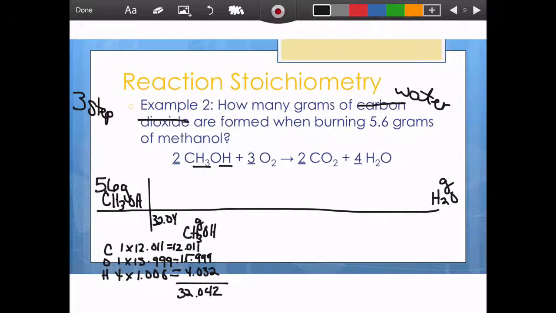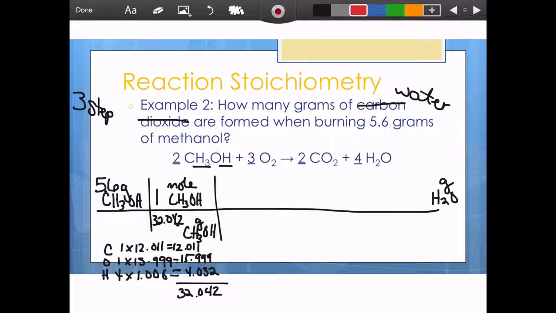If you take a look at your mole roadmap, on the opposite side of your molar mass is always 1 mole of that same thing. So your label does not change. So it'd be 1 mole of CH3OH.